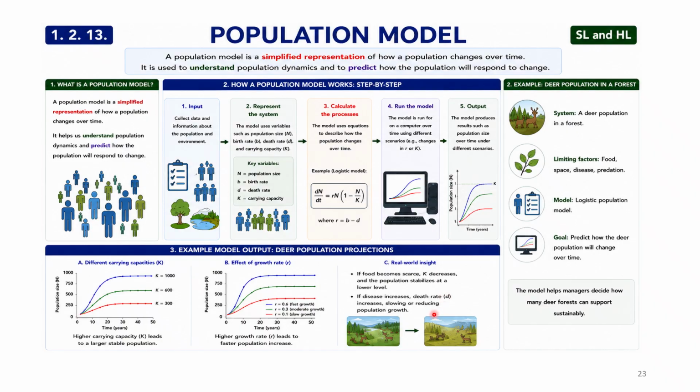Conversely, if food becomes scarce or disease increases, the carrying capacity or growth rate declines, causing the population to stabilize at a lower level. These models help wildlife managers make sustainable decisions about habitat conservation and species management.